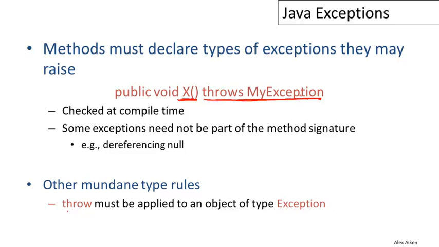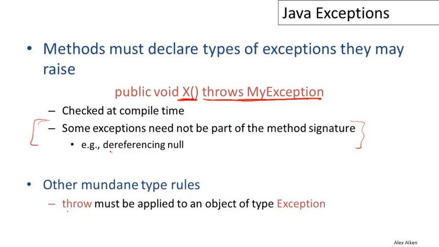And I think people generally agree that this has been a good idea because it helps programmers to write more robust code because they can see exactly which exceptions they have to handle. Now, there are some exceptions to this rule. In particular, there are some kinds of runtime errors that don't have to be part of the method signature simply because it's very hard to check statically that the method would never raise them.